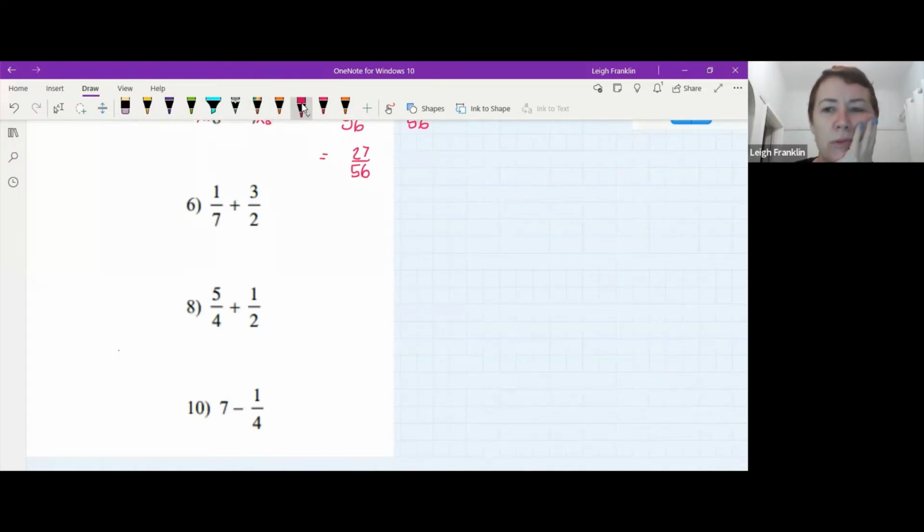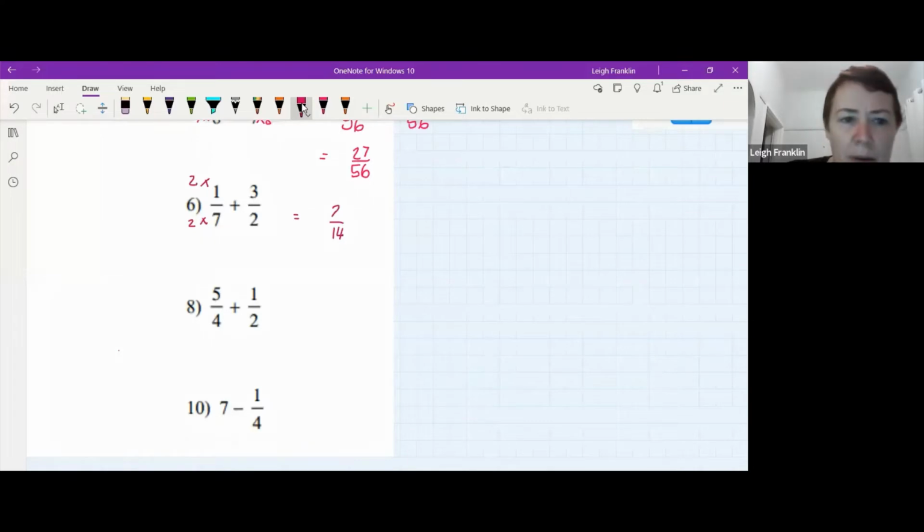Okay, ma'am. So I multiplied 7 by 2, and it gave me 14. Good. And I multiplied 1 by 2 and it also gave me 1.